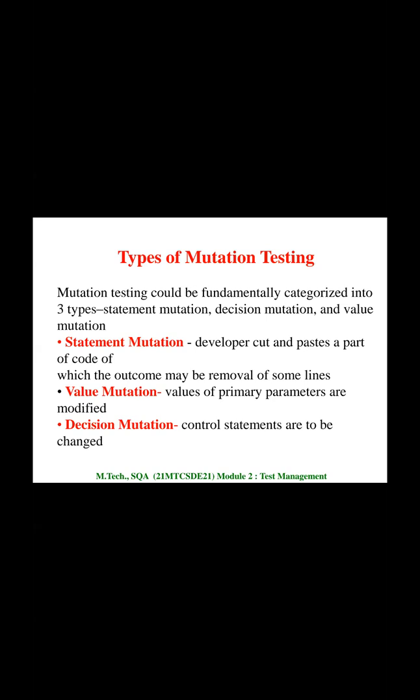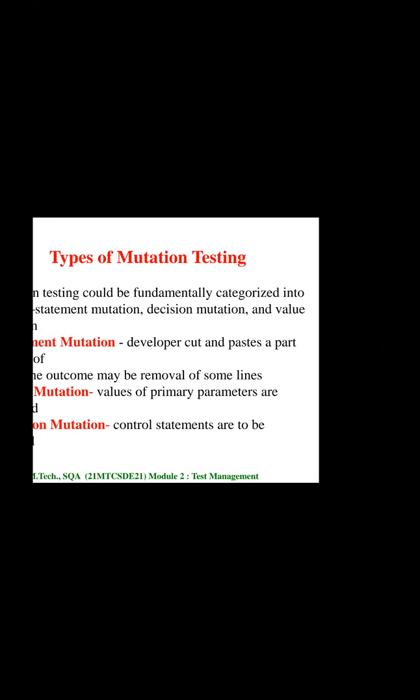Or instead of using variables, you can go for other related variables. And in decision making mutation, control statements are to be changed. Instead of using do while loop, you can go for while do loop. Instead of using for loop, you can go for switch case. So like that, we will change the decision making statement itself. So the three types of mutation testing are statement mutation, value mutation, and decision making mutation.